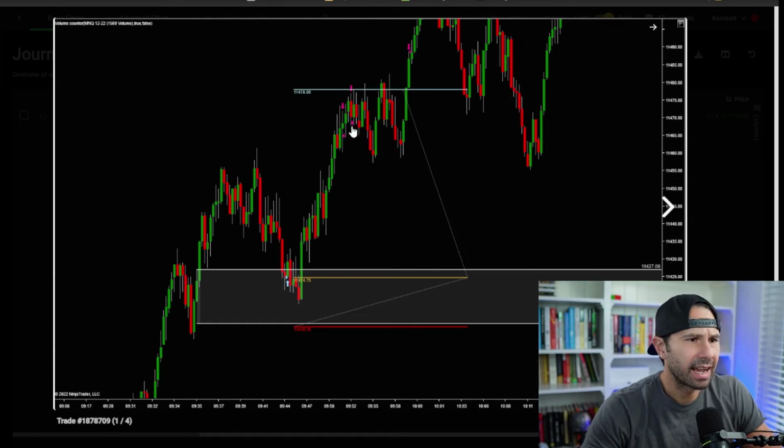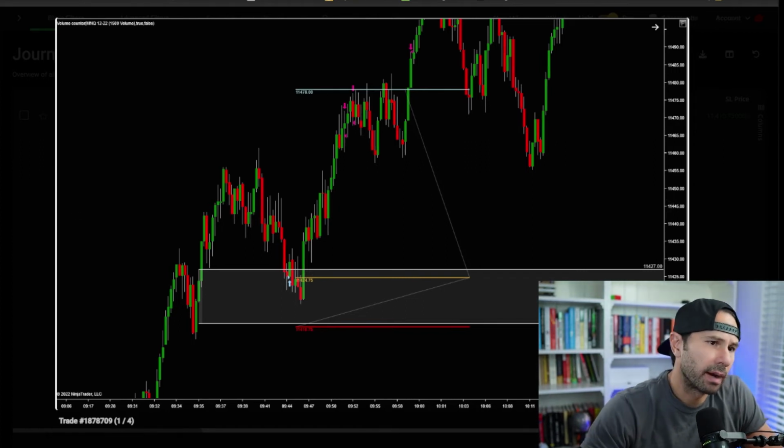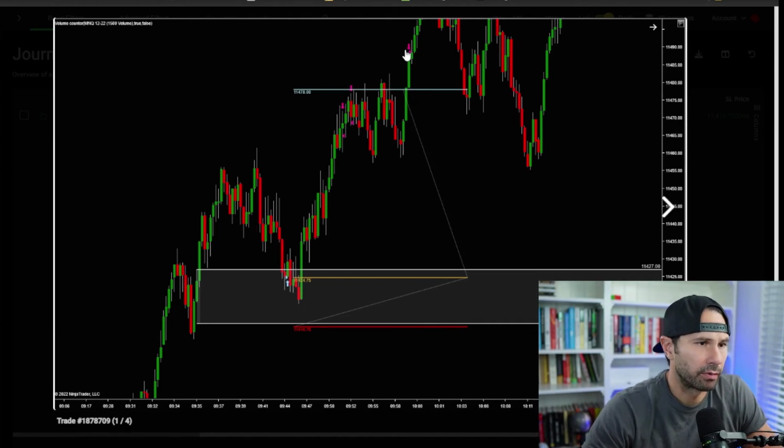While I was scaling out here, I wanted to scale out 5 contracts. Somehow my platform was flawed and I scaled 3 and then 4, and then I had like 3 or 4 contracts left, but at the end I scaled out like 90% of my position, and the rest was closed here with the limit order for the target.